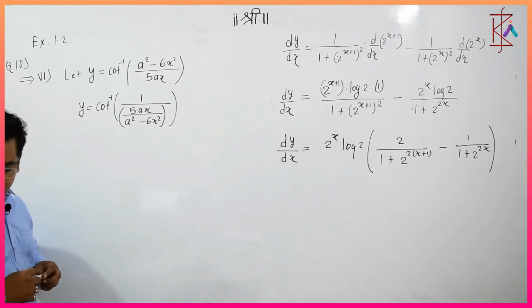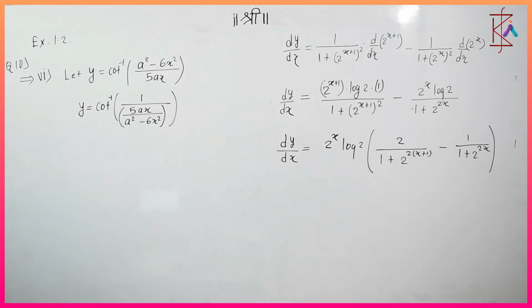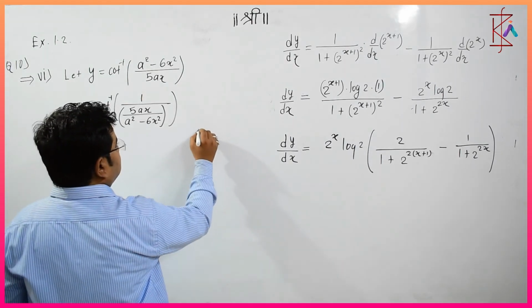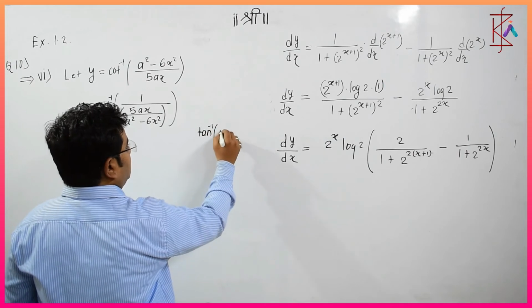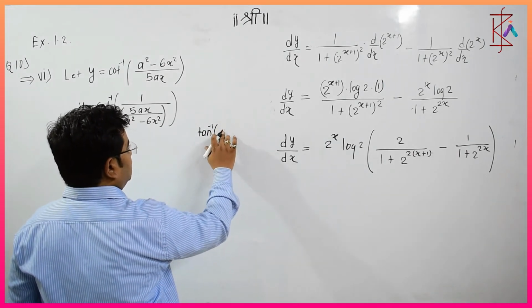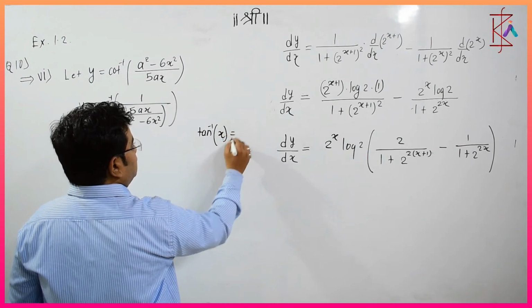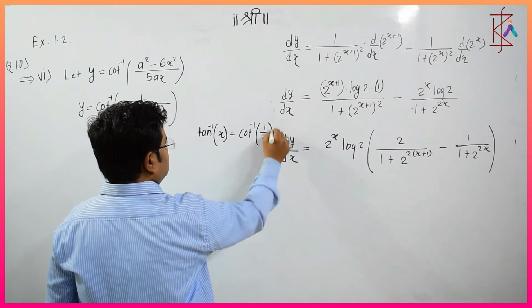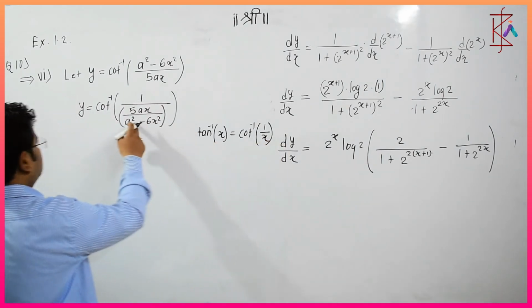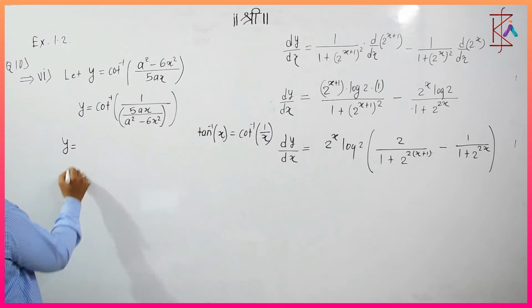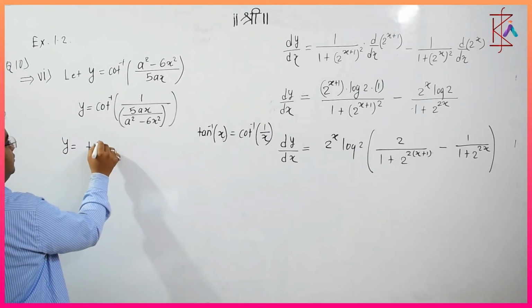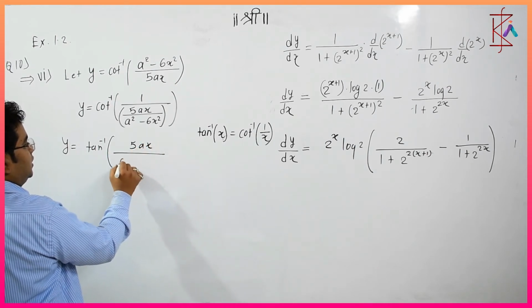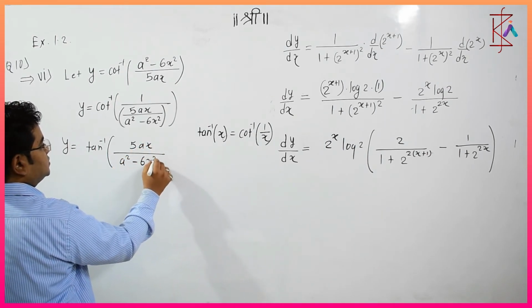Okay, up to this stuff everything looks fine. Now what should be our next step? Okay, for this type of question, our next step is we need to apply that tan inverse of x is equal to cot inverse of 1 upon x. So use this kind of identity, so we can use it. So y is equal to tan inverse of 5ax upon a square minus 6x square.